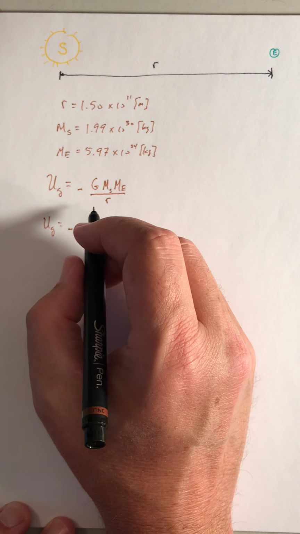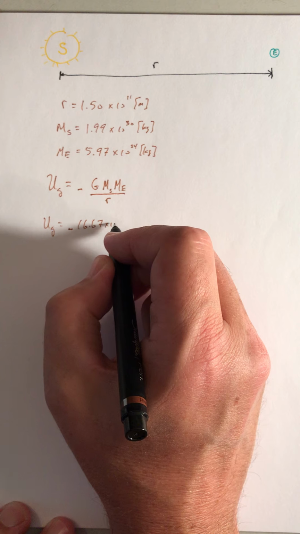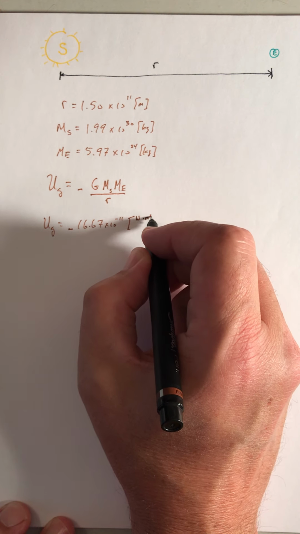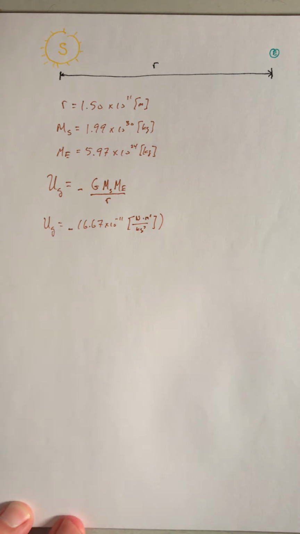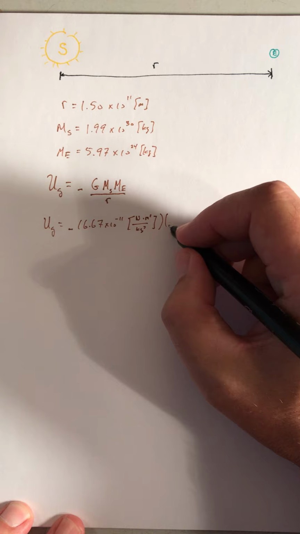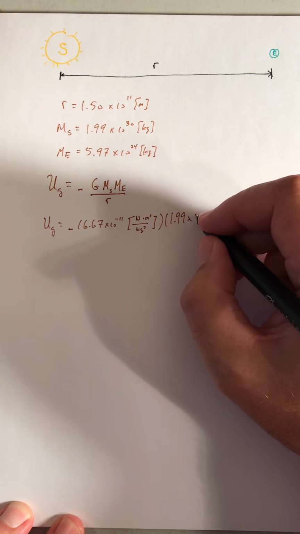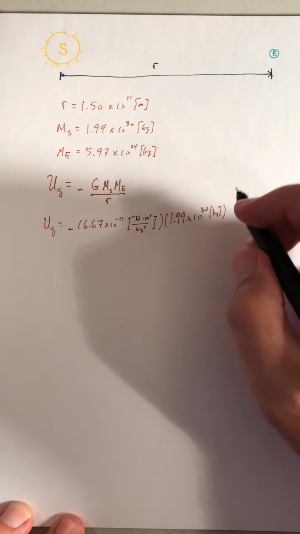We have a minus 6.67 times 10 to the minus 11, and that's Newton meter squared per kilogram squared. Mass of the sun, 1.99 times 10 to the 30th kilograms.